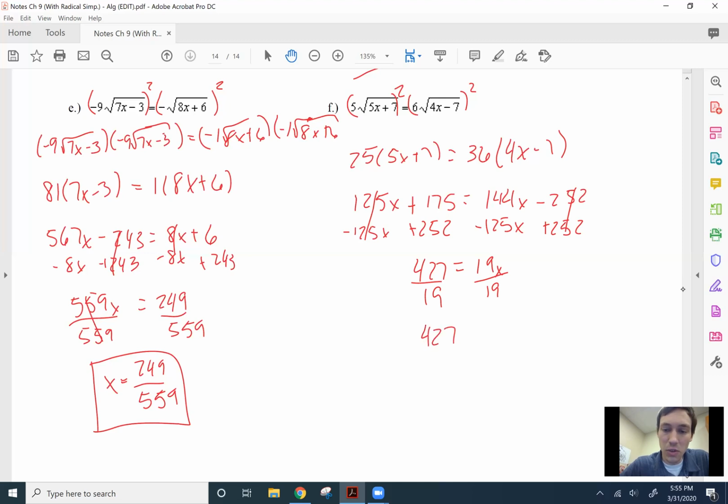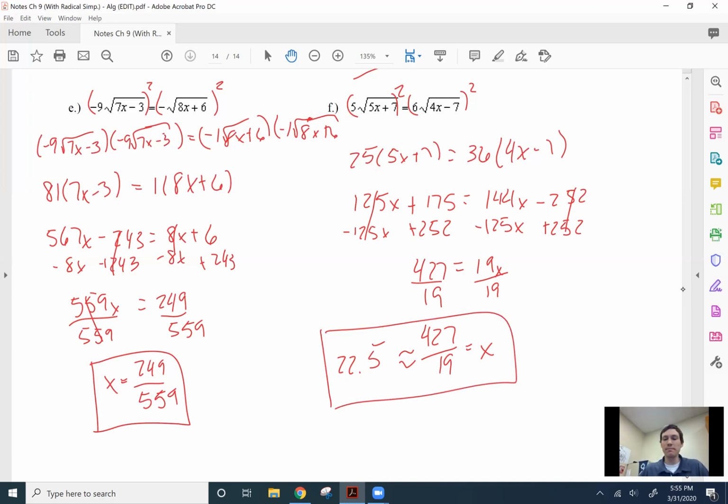So 427 over 19 equals x, which is approximately 22.5. Whatever answer works. And that is how you solve for those.